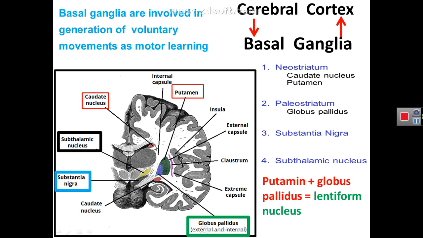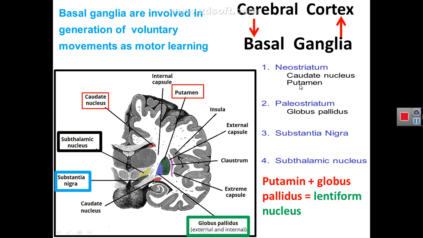We previously demonstrated the head and body of the caudate nucleus forming the floor of the anterior horn and body of the lateral ventricle, and the tail of the caudate nucleus forming the roof of the inferior horn. So this is the caudate nucleus, which is the first part of the neostriatum.